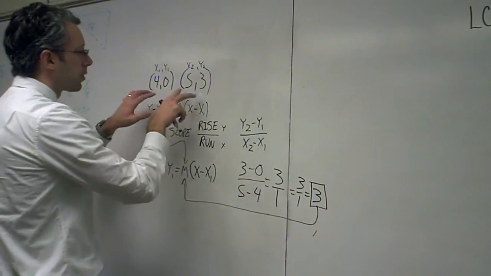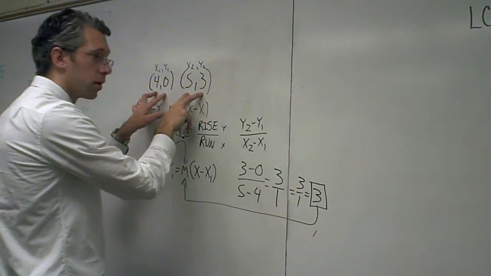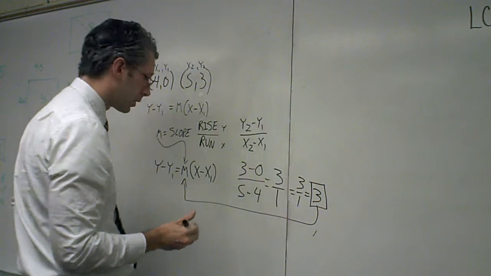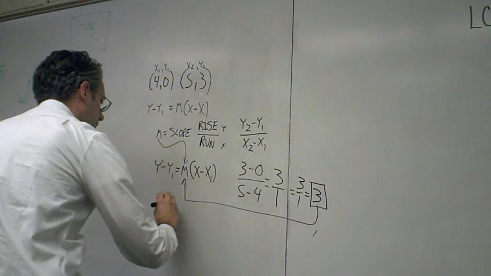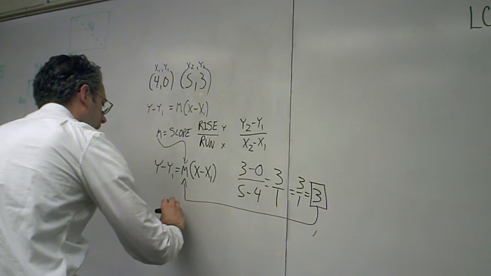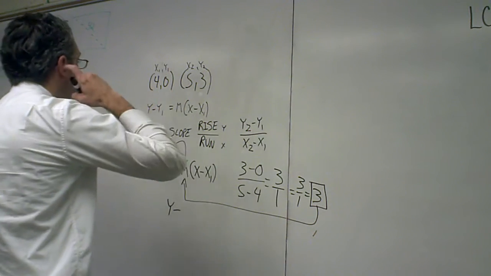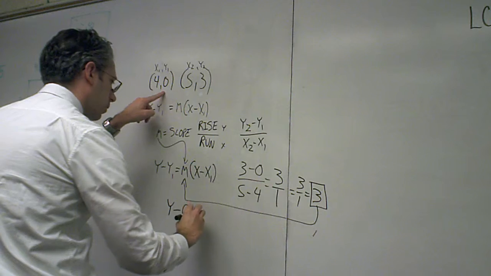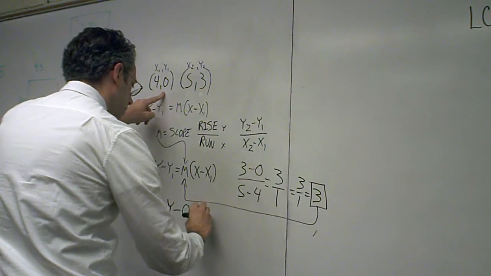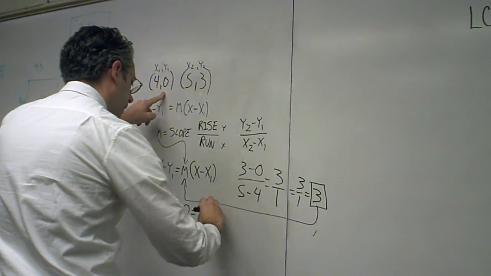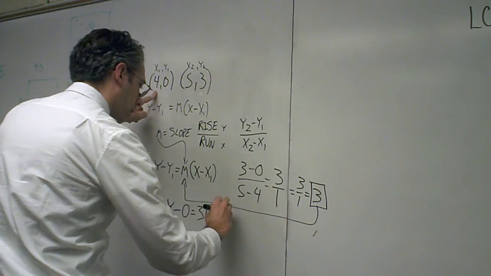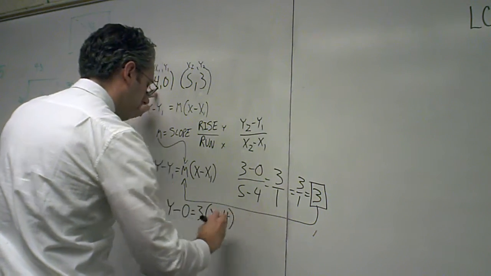And we can pick either of these points and write it in right here. So we have y2 and x2, or y1 and x1. So let's try this. We can write y minus, and we need to pick a y1, so let's just say minus 0 is equal to m, which is 3, times the quantity x minus, and for x1 we're going to put in the 4, minus 4 right there.